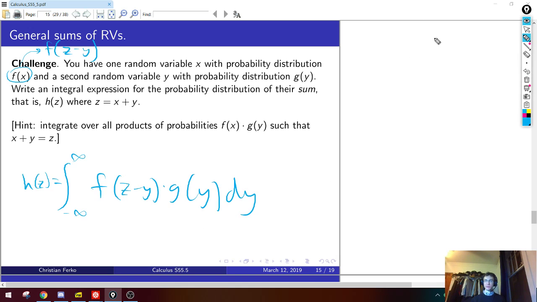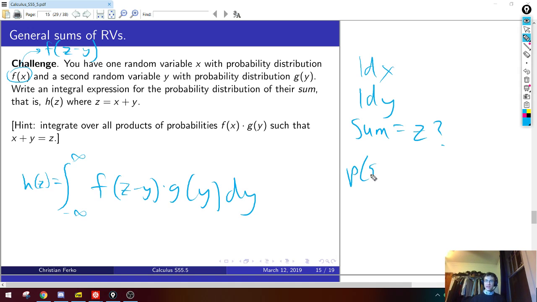Let's think back to the discrete case. If I do one die roll, x, and then I have a second die roll, y, and then I ask, what is the probability distribution for the sum equal to z? What would I do?